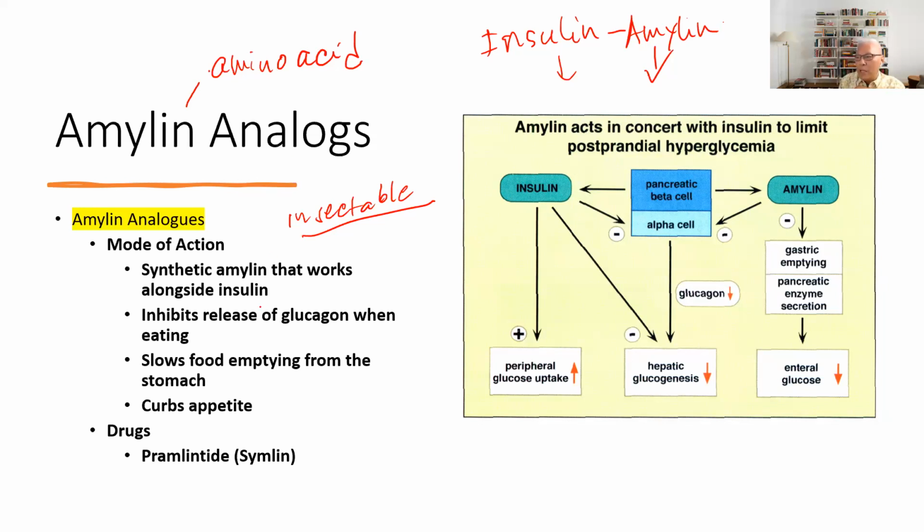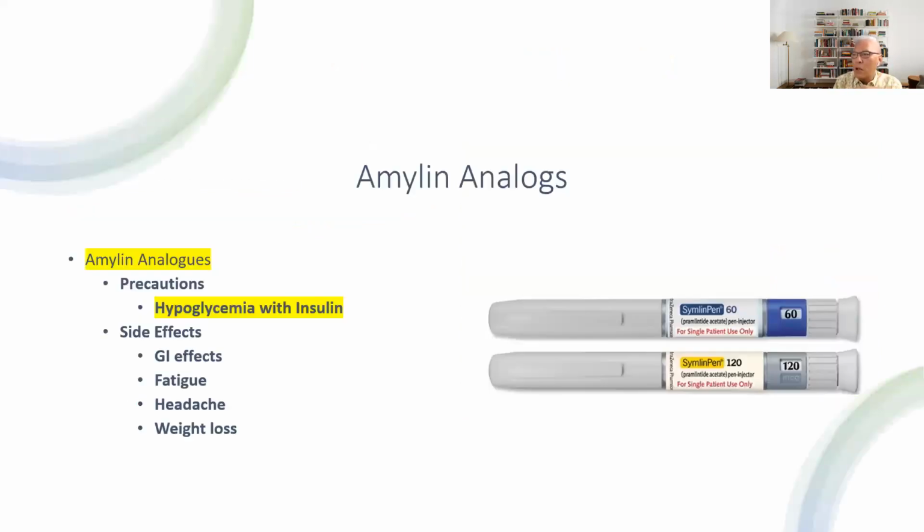By slowing down the emptying of the stomach, it also makes the patient feel full, and therefore it curbs the appetite. So your amylin analogs are going to be injected before each major meal.